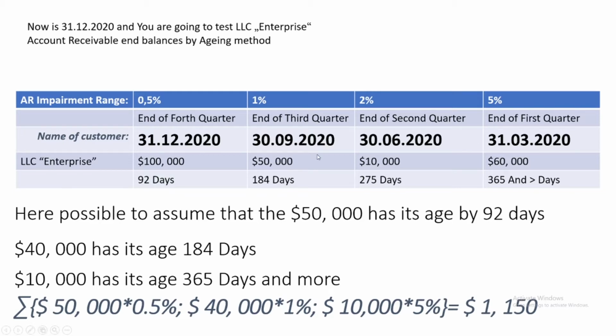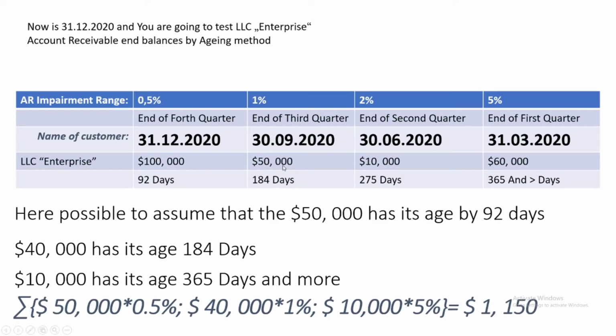We represent each quarter's end balances here. We took four amounts in sequence and represented the days overview of this sequence. The balance is 100,000 and the previous period was 50,000. It means 50,000 has aged 92 days.